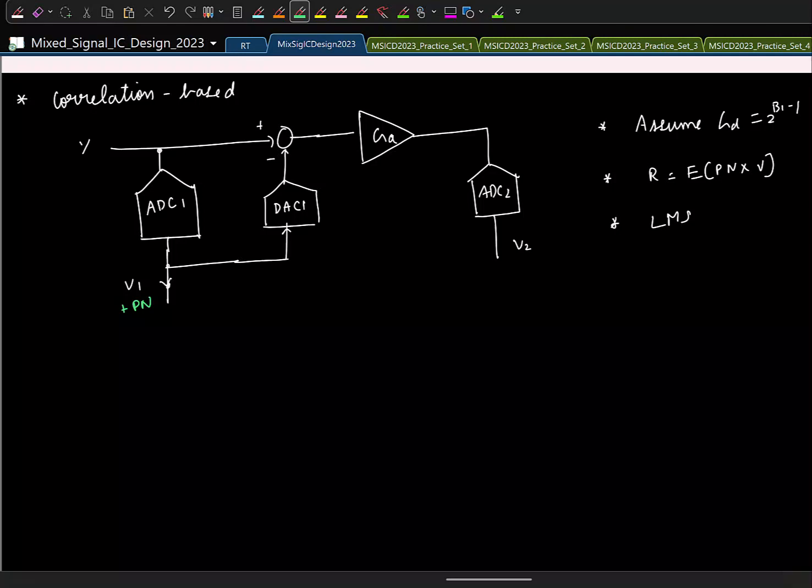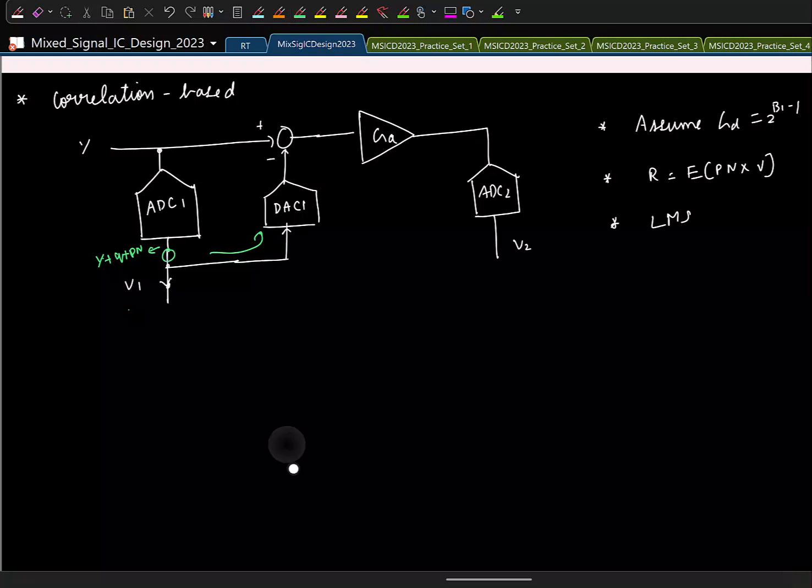After the ADC. I wanted to add here, but how will I get it? It is not like I can go and just add it here, right? Because remember that this has to go here also. So here the signal must be the existing y plus q plus pn. So where can I add the pn sequence? Between the junction and the ADC. No, but that you cannot do, right?